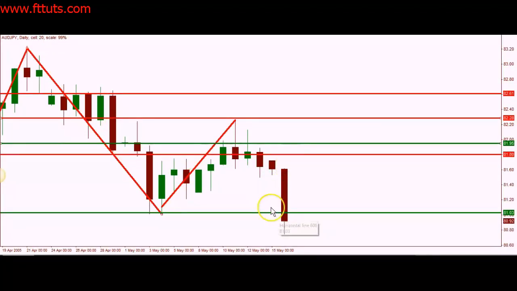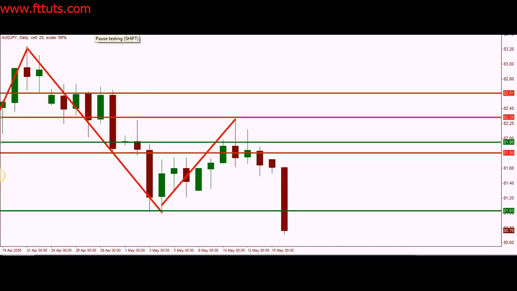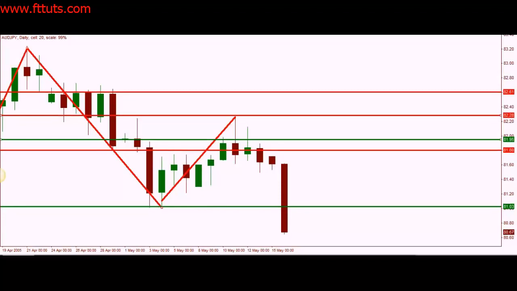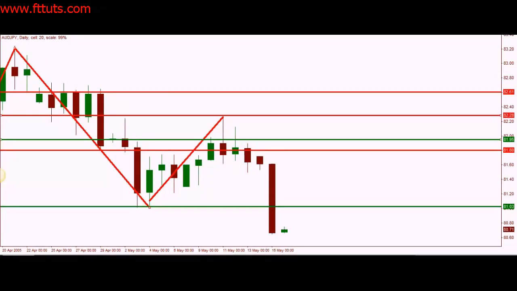So here's what I'm going to do now. Since we violated this point, let's see how we close. So that's a nice big close below that level. Now the thing is, you had a major candle like this. You don't want to lose all of this profit because staying 2 candles behind keeps us way up here after the big major move.